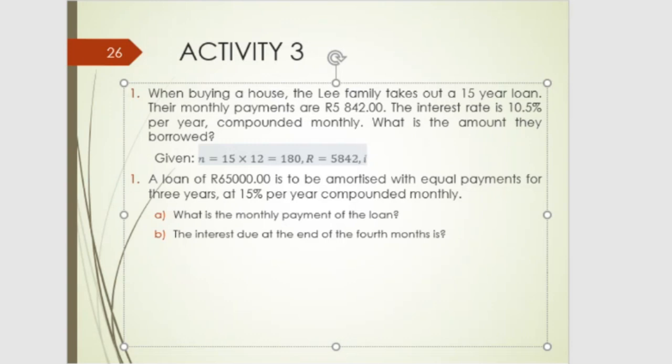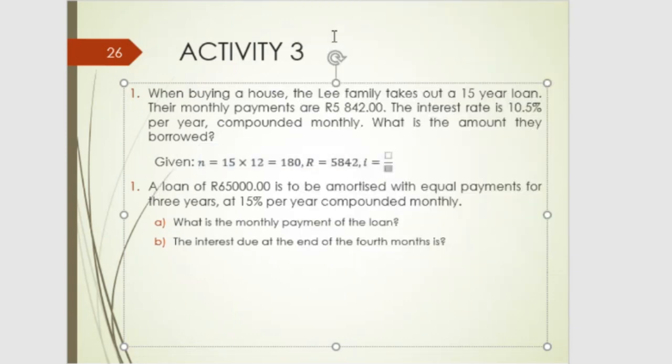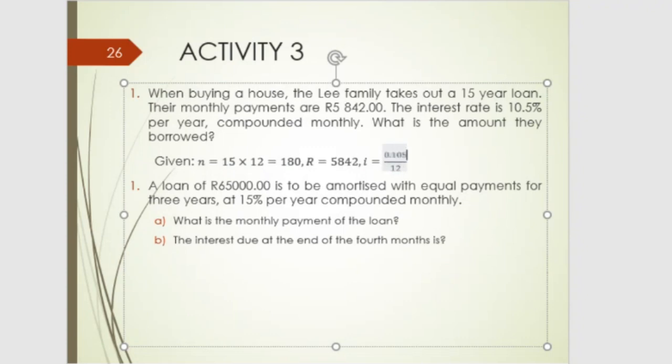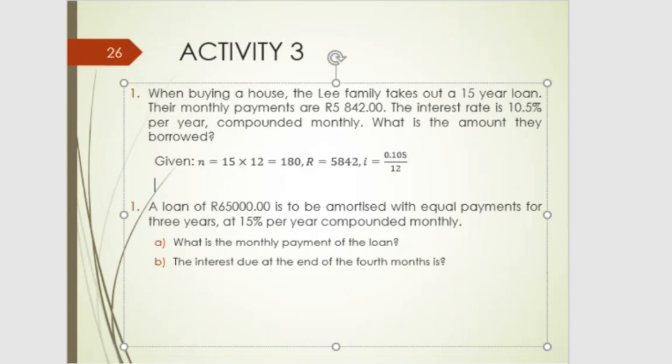And then the interest is sitting at 10.5 divided by 12. 10.5 divided by 100 is going to be 0.105. I think that's what is given. So now they want to know the amount that they've borrowed, which is the present value.